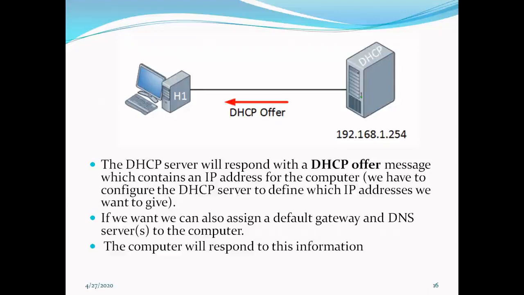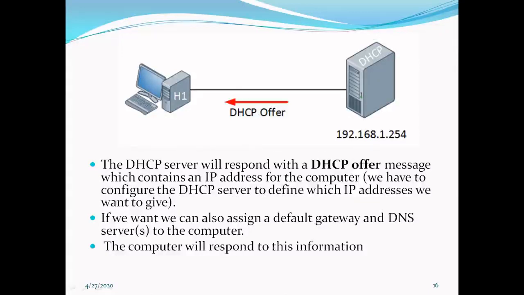On reception of the DHCP Discover message, the DHCP server will respond with a DHCP Offer message, which will contain the IP information for the computer. Here we have to configure the DHCP server to define which IP addresses we want to give from the pool. If we want, we can also assign a default gateway and DNS server information to the computers.